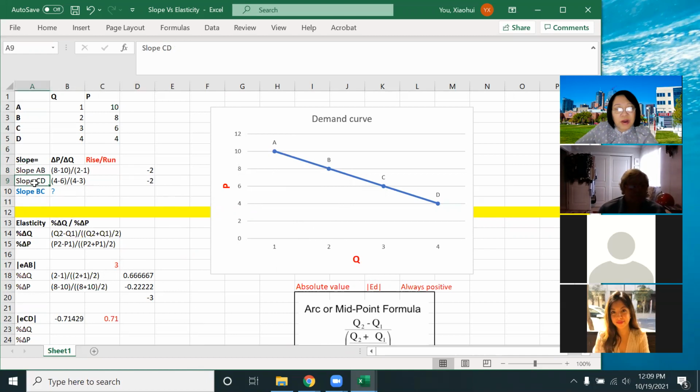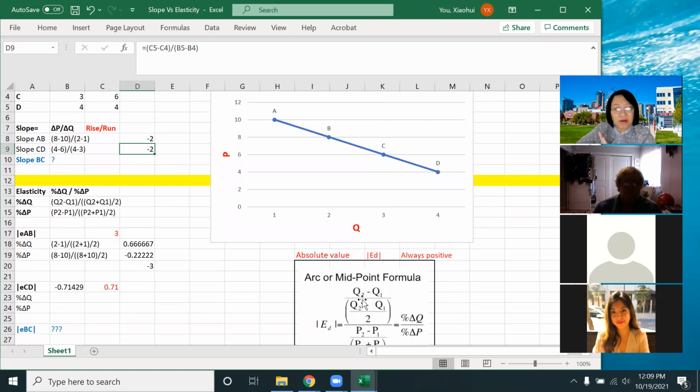And then if you calculate the slope CD, you will get the same value. See, this is the calculation, the same value, negative 2. But for elasticity, that's different. So this is the elasticity formula, right?